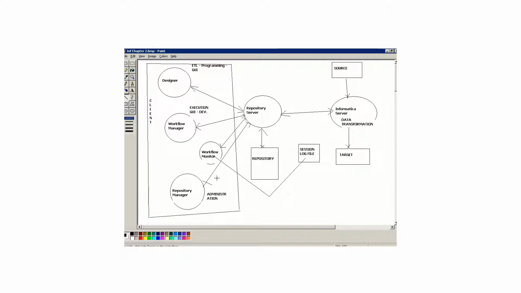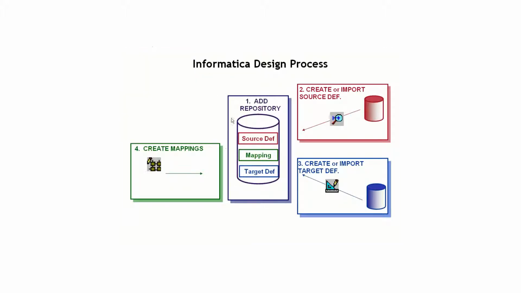Now we want to develop the program using the designer tool. Then the steps, the complete process of ETL steps, is to add a repository. In the previous chapter, we have shown you how to add a repository in the designer tool.